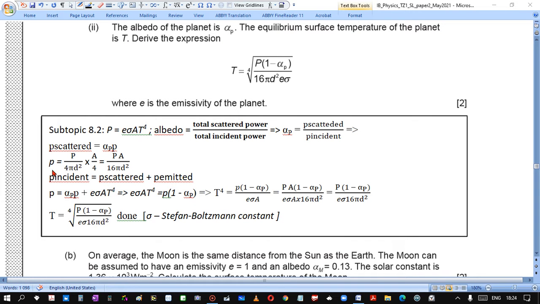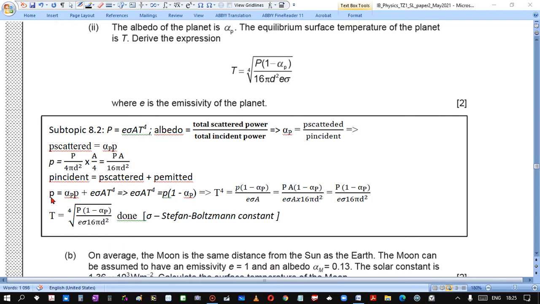So power incident, we use our previous formula and we get this expression. So power incident equals power scattered plus power emitted. It is conservation of energy. Power incident is P. Power scattered is alpha times P. Power emitted is the formula from the booklet.